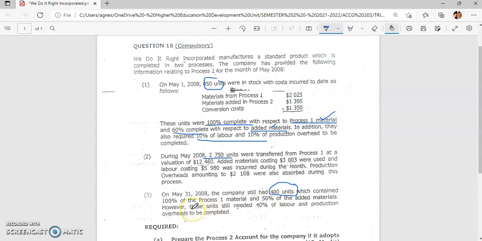And then they stated, however, these units still needed 40% of labor and production overhead. So here we are not looking at how much they need, but how much was already in these 400 units with respect to labor and production overhead. So if they still need 40%, it means that they already had 60% of the labor and the production overhead.